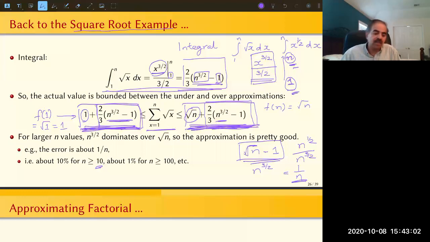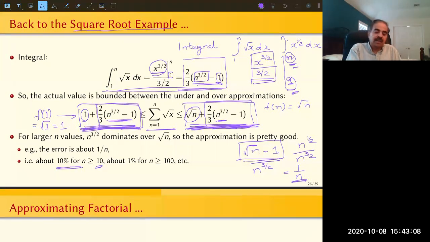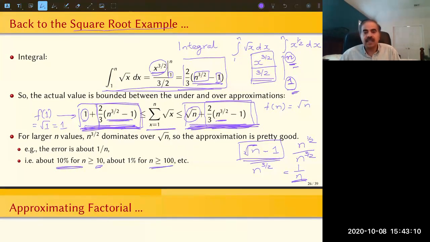So the error is going to be 10% if the value of n is 10. If the value of n is 100, then the error is going to be 1%, and so on. So in general, these approximations are going to be more accurate for larger values of n as compared to smaller values of n. Okay? Any questions?